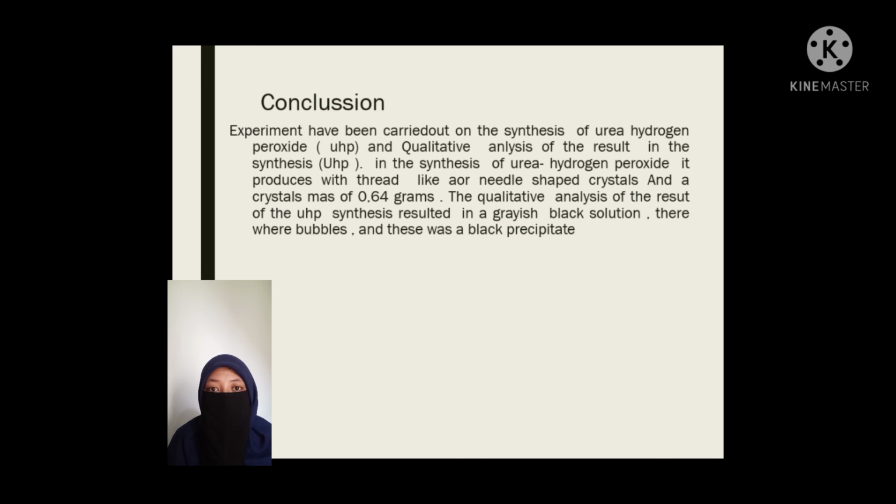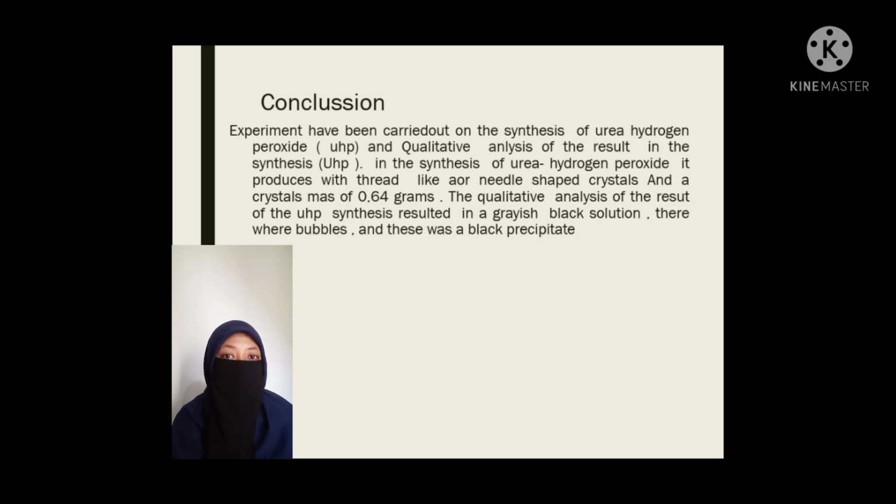The synthesis of urea-hydrogen peroxide produced needle-shaped crystals with a crystal mass of 0.64 grams. The qualitative analysis of the UHP synthesis result gave a gray-black solution. There were bubbles and a black precipitate.